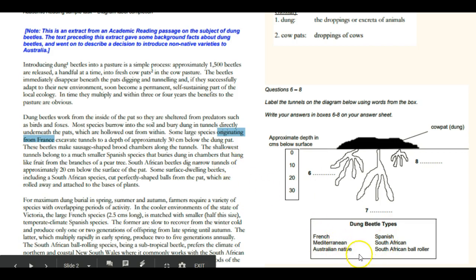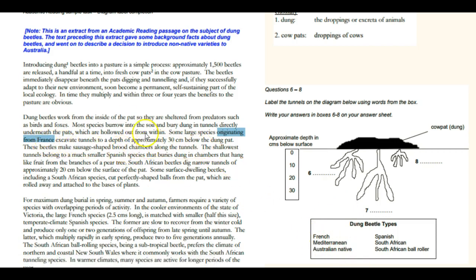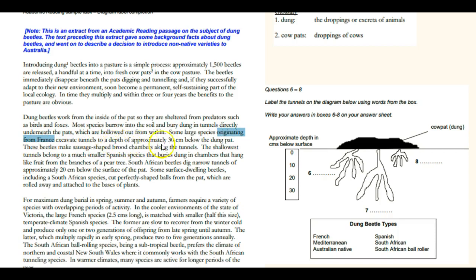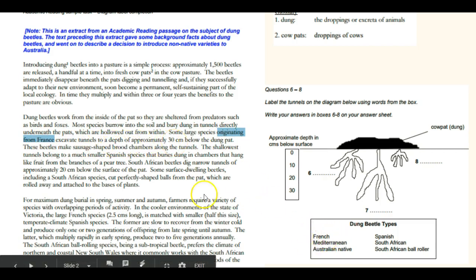Let's look for the word French, and here we found it in this paragraph after doing some skimming and scanning. I scanned for the word French, and I found the word France here. The sentence says, some large species from France excavate tunnels to a depth of approximately 30 centimeters. So I'm going to match French to France to 30 centimeters, right?